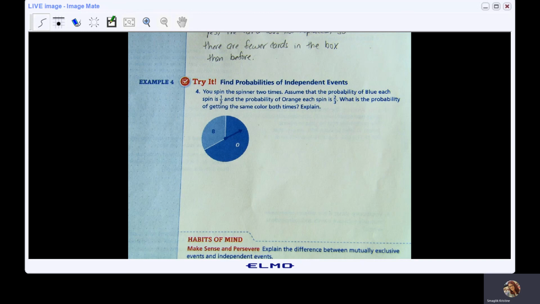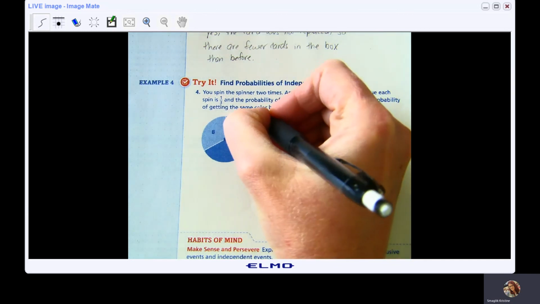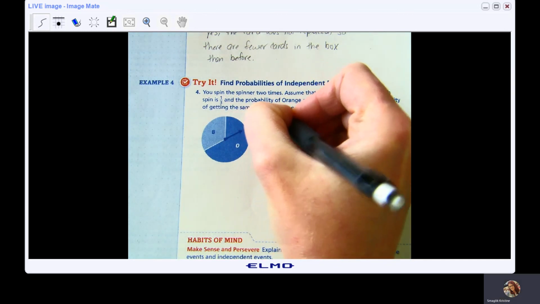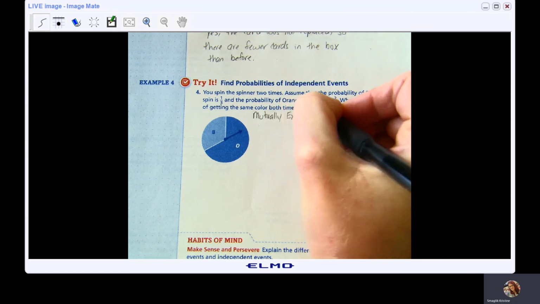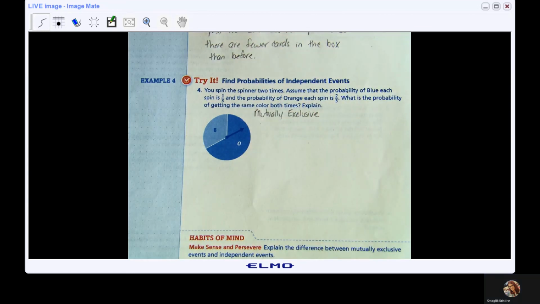So when we are spinning a spinner, those events are going to be mutually exclusive. So let's make a note. This is mutually exclusive. And each time I spin that spinner, it's an independent event. It is with replacement, essentially.